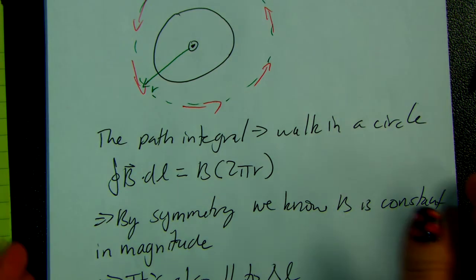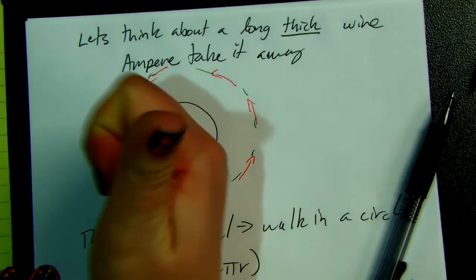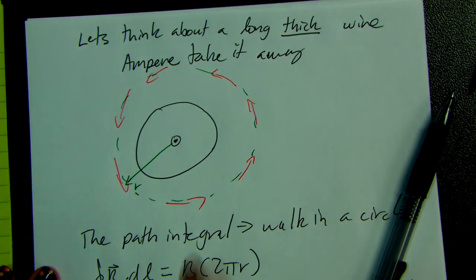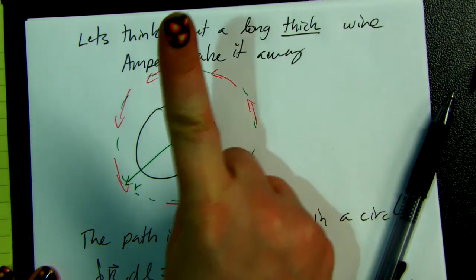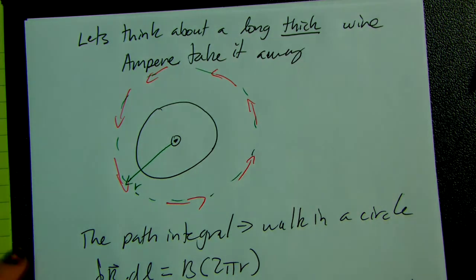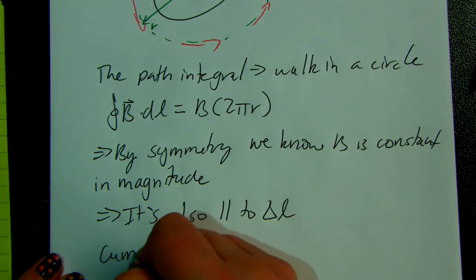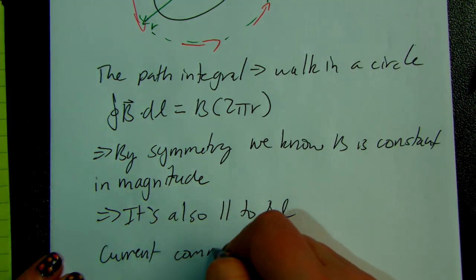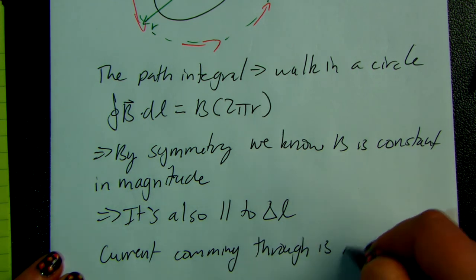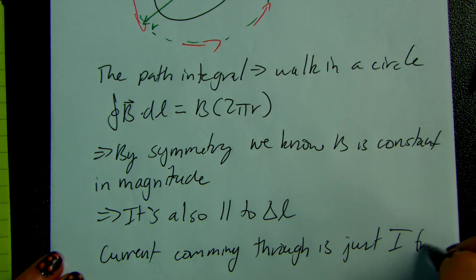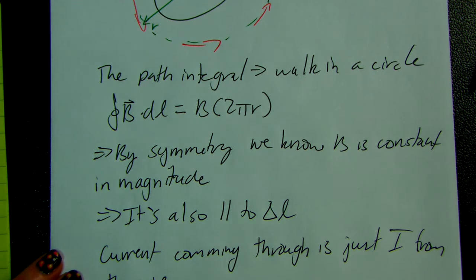And in this case, it's really easy. If we were to put a little film over here, you would just have one bit of current coming through, which is just going to be the current from the wire here. So it's only going to be pierced one time. Okay, so current coming through is just I from the wire. Now, if you had two wires going through that, it'd be a different story.